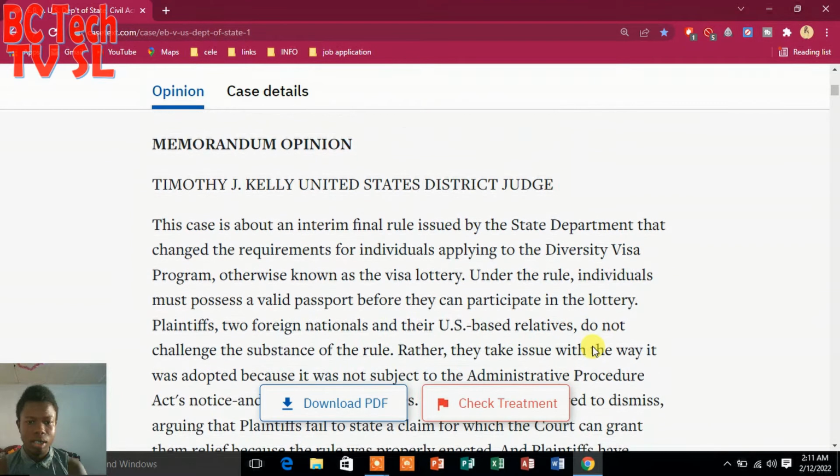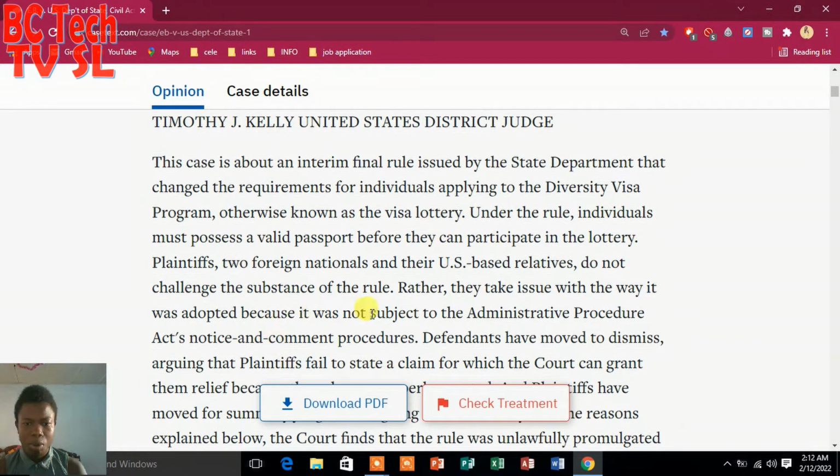Under the rule, individuals must possess a valid passport before they can participate in the lottery. Plaintiffs, two foreign nationals and their US-based relatives, do not challenge the substance of the rule.